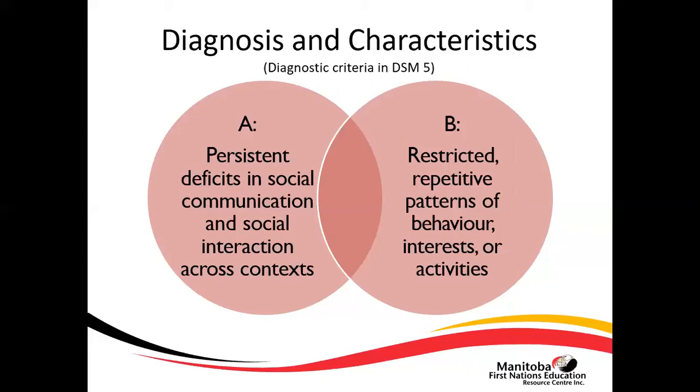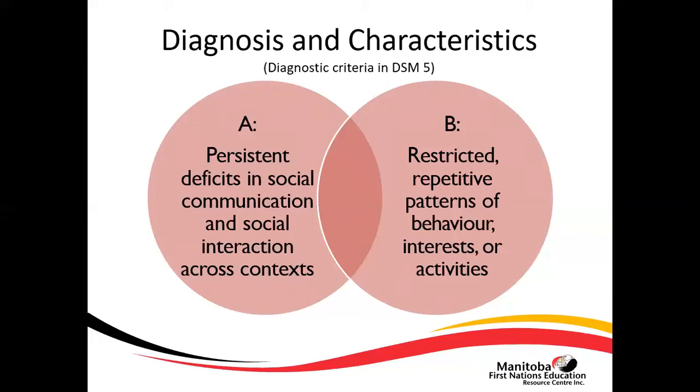So those facial expressions, taking things very literally, so they may not always understand sarcasm or jokes. It could also include deficits in nonverbal communication, such as limited eye contact, limited facial expression, or limited joint attention. Other deficits might include struggles maintaining relationships, not always understanding social contexts, or struggles with imaginative play.